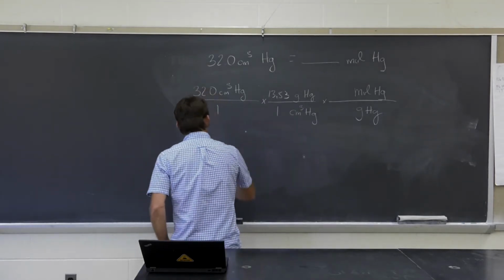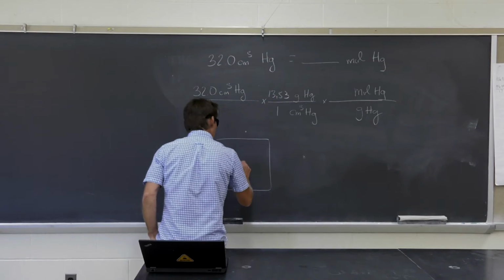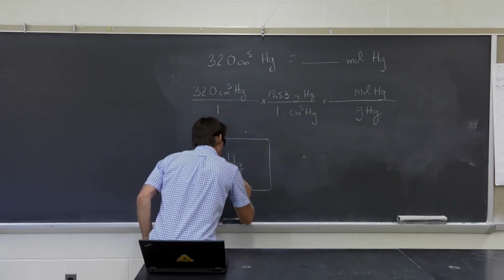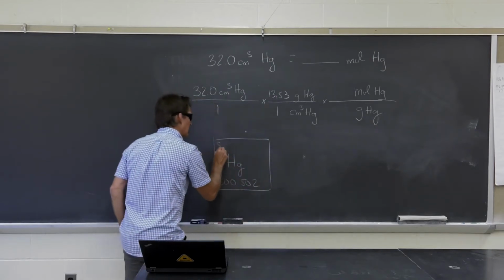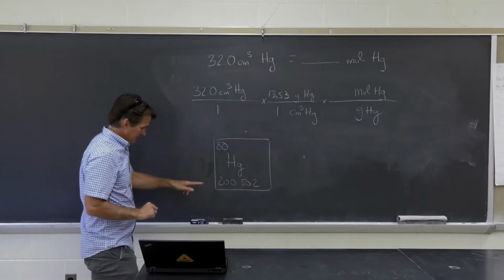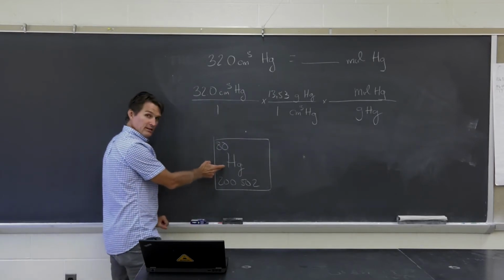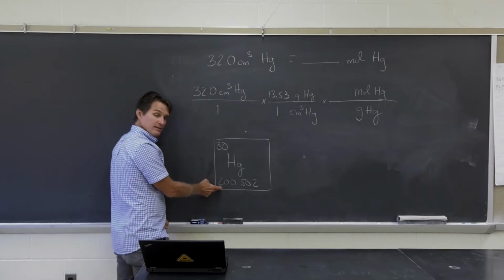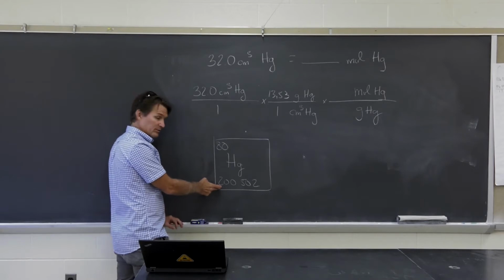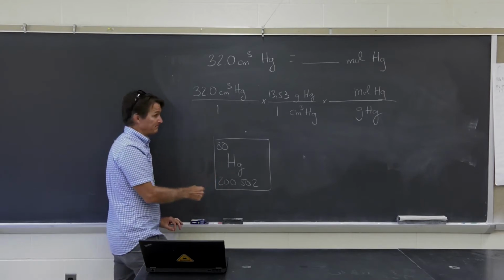Down below, that's the atomic weight of mercury. That tells me that for every 200.5 roughly grams of mercury, I'm going to have a mole of mercury.